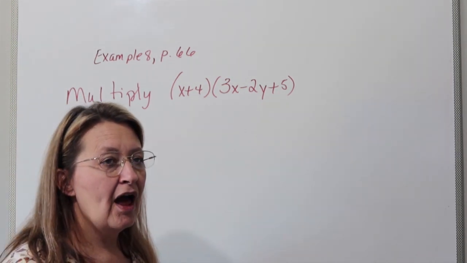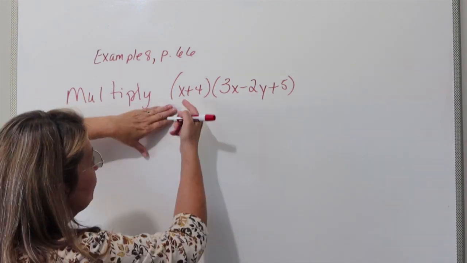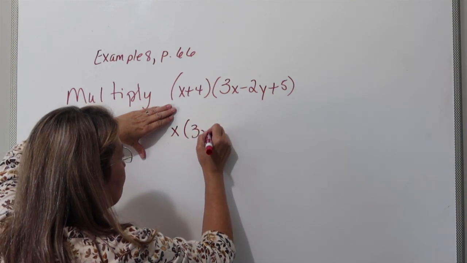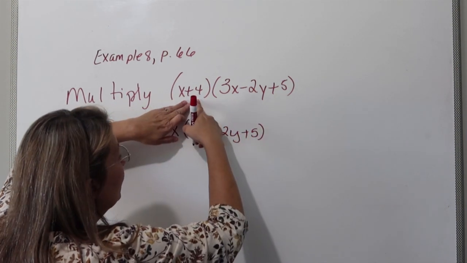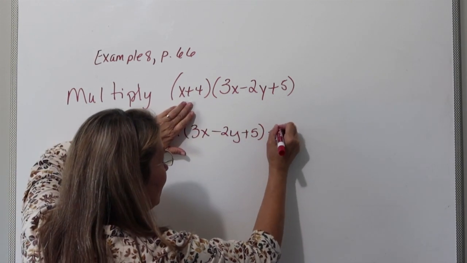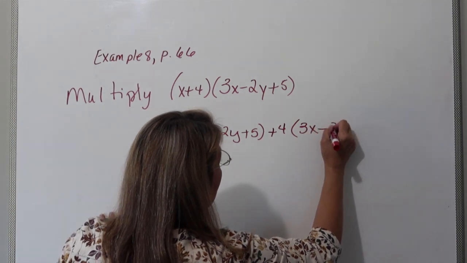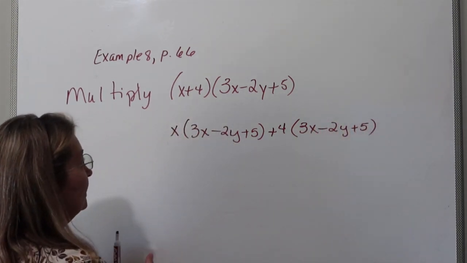If it's got a lot of numbers, I'll show you how I do it then. I take my first number, x, and I multiply it times this whole set of parentheses. Then I take this sign and this second number and I multiply it times this whole set of parentheses. Now do you see what I did?